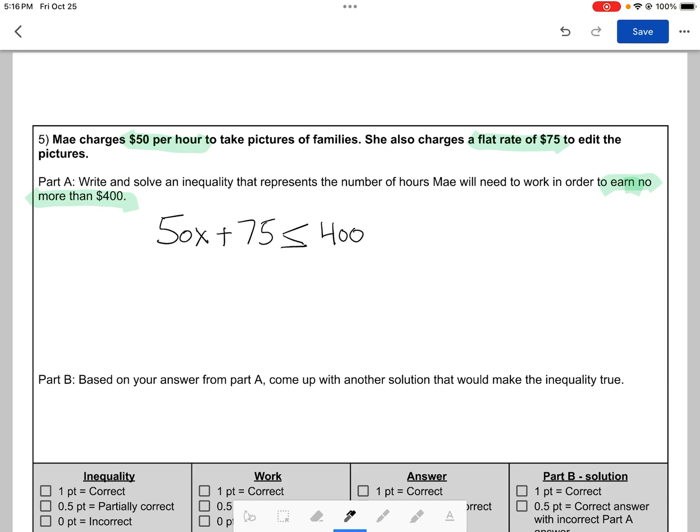So now I'm going to solve this like a normal inequality. I'm going to subtract 75 on both sides to get that 50x by itself. These cancel. I'm left with 325 is greater than or equal to 50x. Now I'm going to take that 50 and the 325 and divide them.